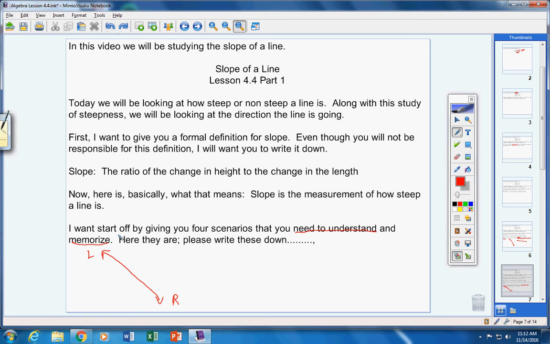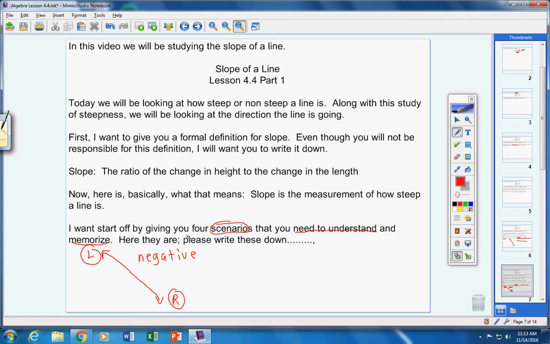When you look at a line going from left to right, and it's going downward, the slope will always be negative. Would you please write that in your notes? Don't ever forget that. If a line going from left to right is going down, the slope is negative. Write that down. That's the first scenario I want you to know.